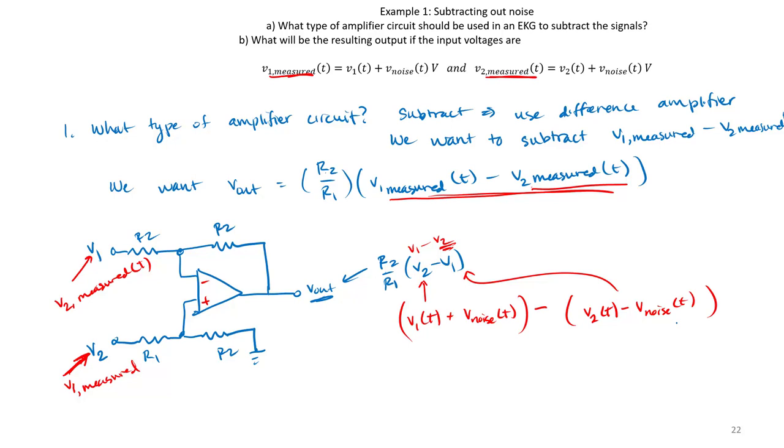And here's the interesting thing. Notice what happens to our noise. Our output is going to be equal to R2 over R1 times V1 of t minus V2 of t, but the noise terms cancel.